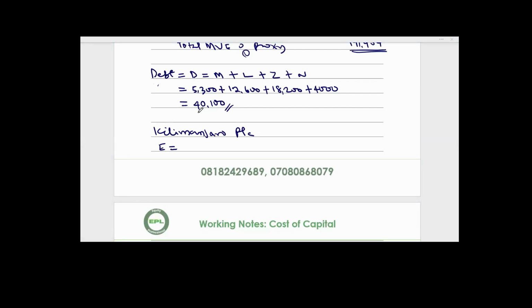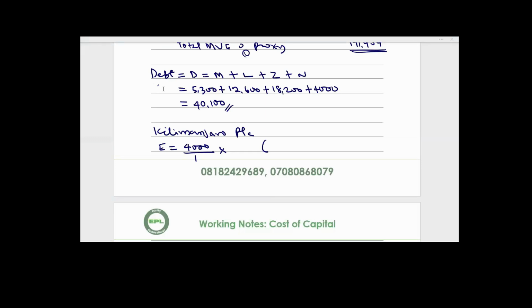The par value is 1 naira. Here is 4,000 naira divided by 1 naira multiplied by the price earning ratio of Kilimanjaro, which is 8 times.